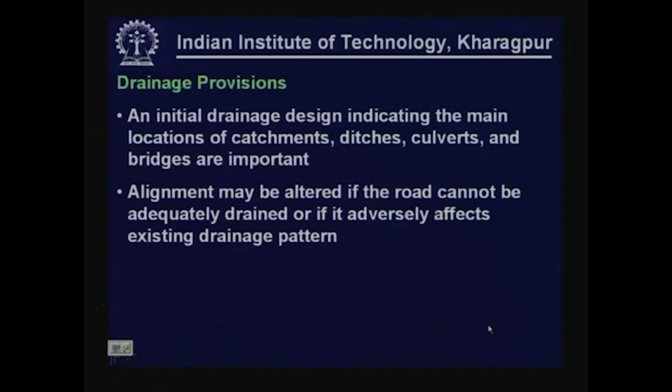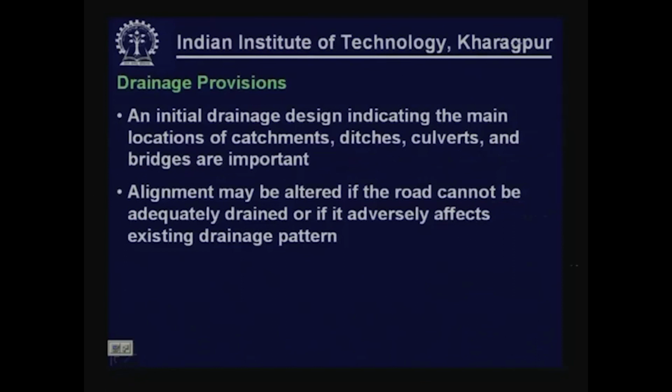Now, drainage provision is also very important. I have indicated it when I talked about do's and don'ts. And initial drainage design indicating the main location of catchment, ditches, culverts and bridges are important even in the preliminary stage. Alignment must be altered if necessary, if you find that the road cannot be adequately drained, or if it adversely affects the existing drainage condition.